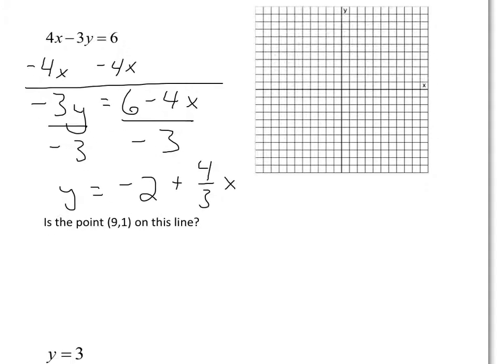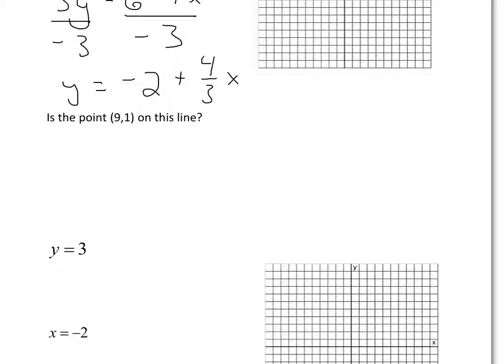So let's make a table of values for that line. I'll do it over here. X, y. So this time I'm going to go up by 3's because the number in front of x has a 3 in the denominator. So 4/3 times 0 is 0, and negative 2 plus 0 is negative 2.